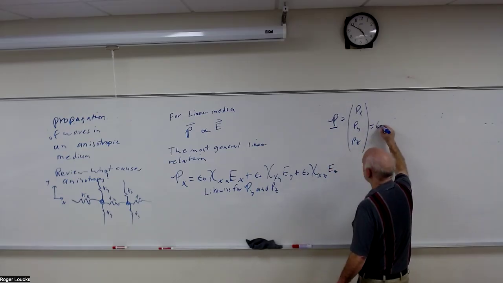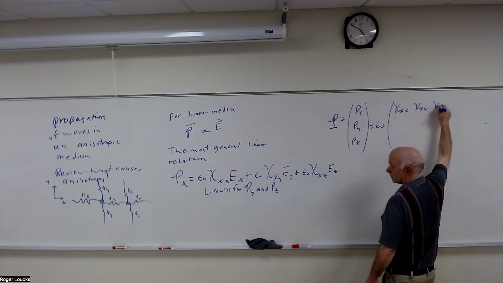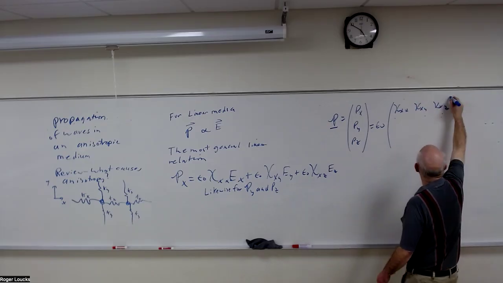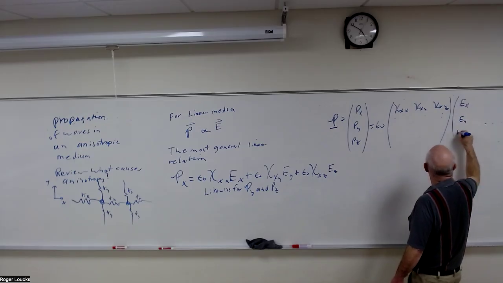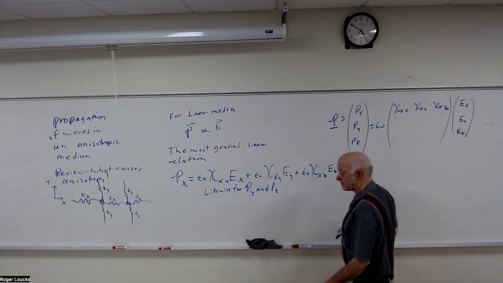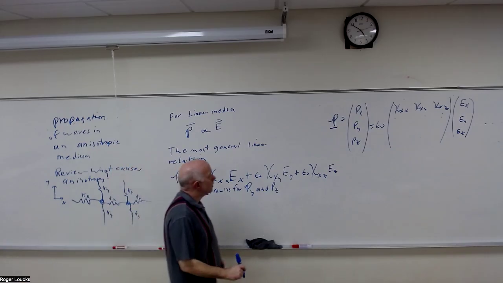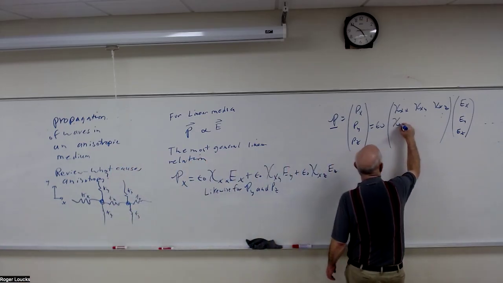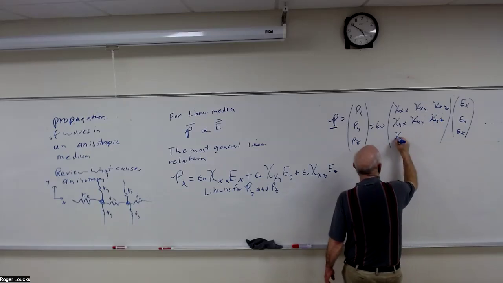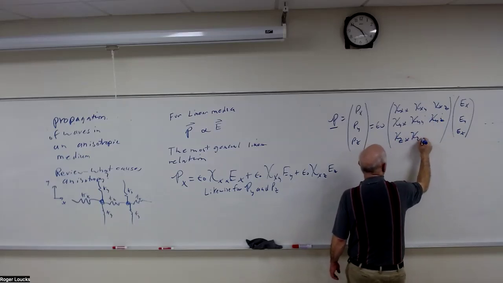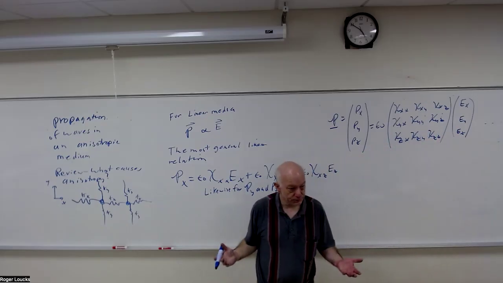It's going to be epsilon naught times the matrix chi xx, chi xy, chi xz, chi yx, chi yy, chi yz, chi zx, chi zy, chi zz, times the column vector Ex, Ey, Ez. And that's how it looks.